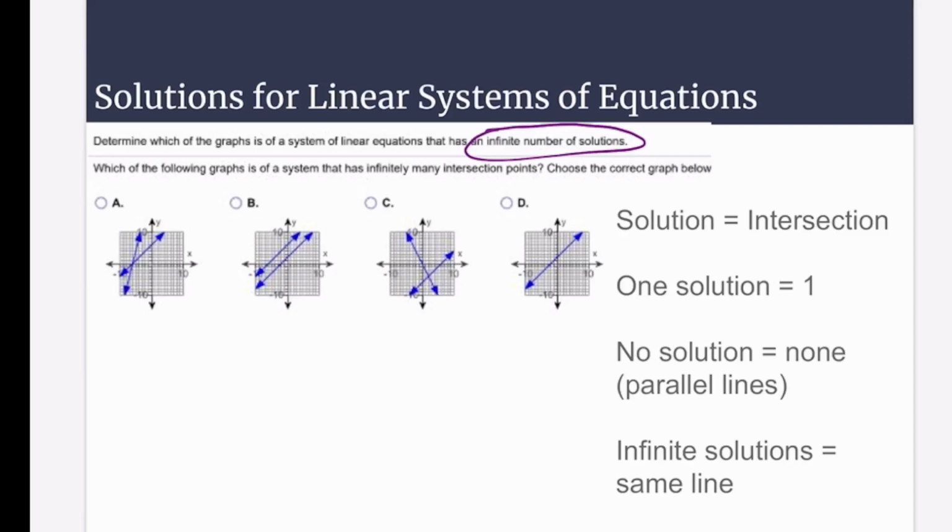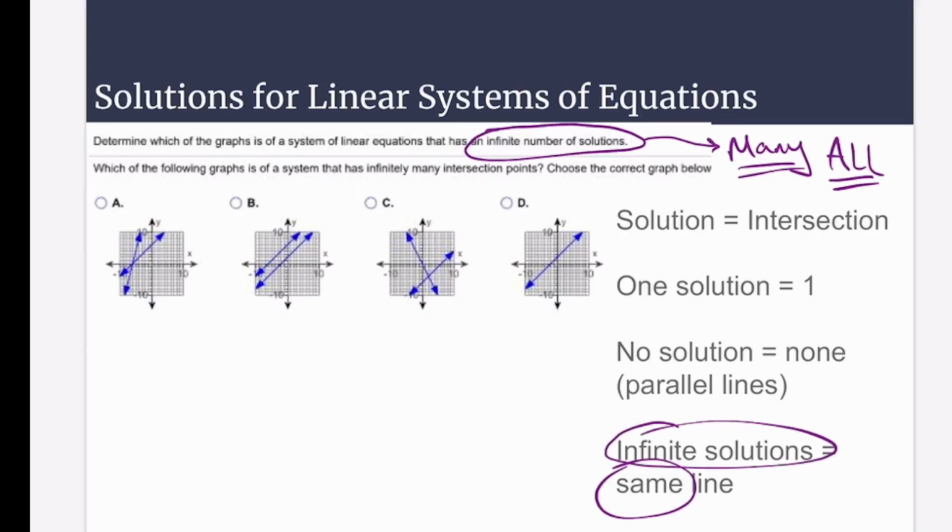Well, the only way for two lines to have many solutions, or essentially all of the same solutions, is to be the same. So infinite solutions means you have the same exact line. In this case, it's also the same letter choice. It's D.